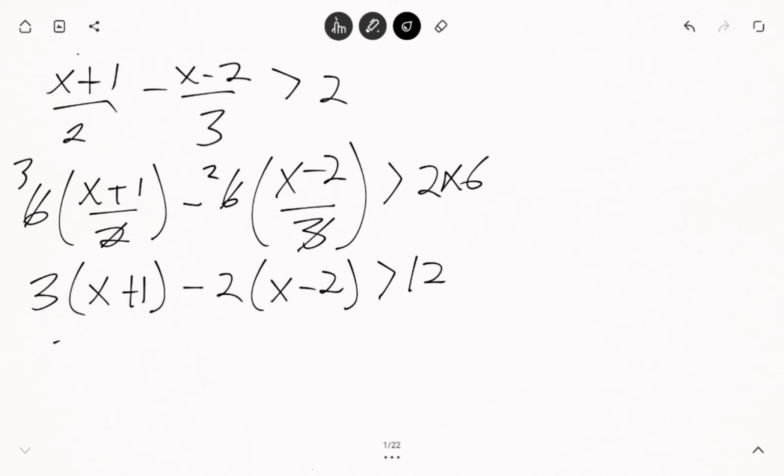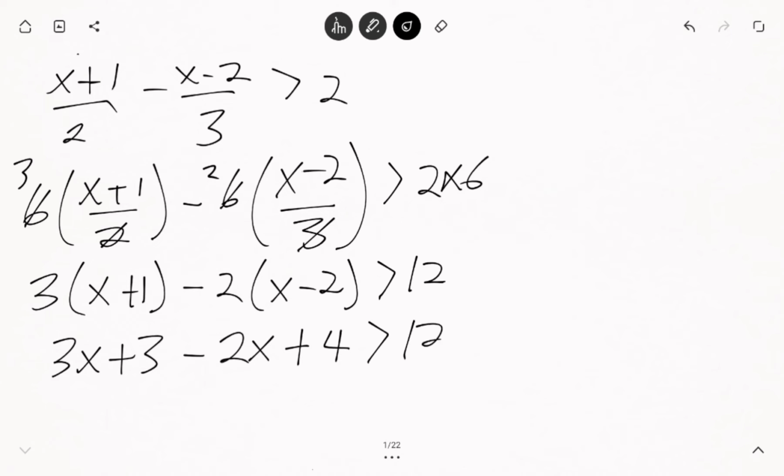So from here, all we have to do is simply expand the bracket and find the value of x. If we do that, we're going to have 3x plus 3 here, minus 2 multiplied by x will give us 2x. Then 2 multiplied by 2 over here, because the negative sign is going to affect what is inside the bracket, will become positive 4, greater than 12.